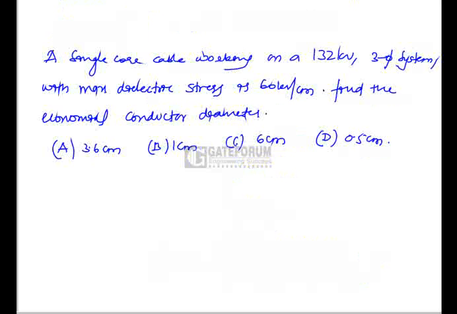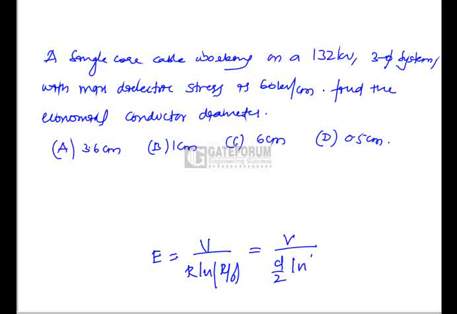A single core cable working on a 132 kilovolt 3-phase system with maximum dielectric stress of 60 kilovolts per centimeter. Now we have to find the most economical conductor diameter. We know electric field intensity is equal to V by r into ln R by r. I can also write this as V by d by 2 ln D by small d.